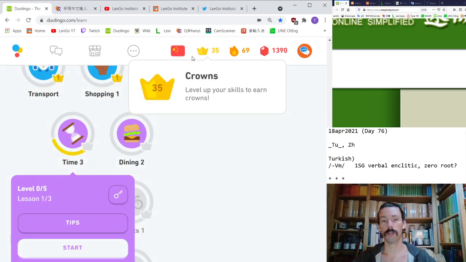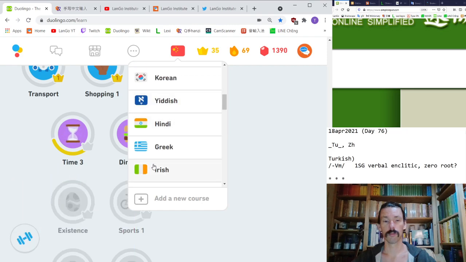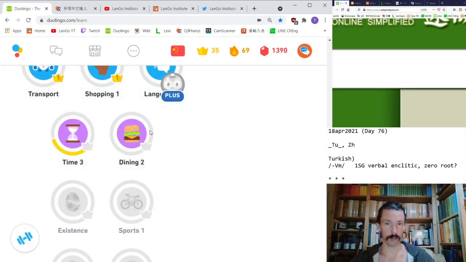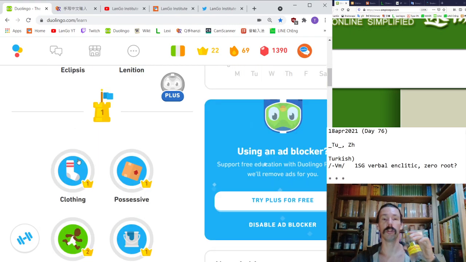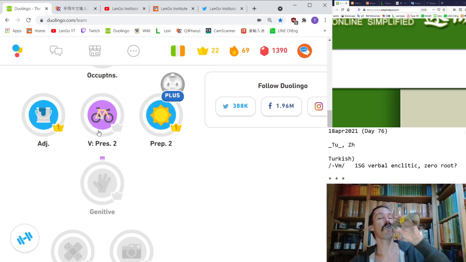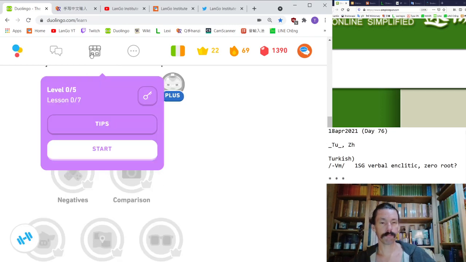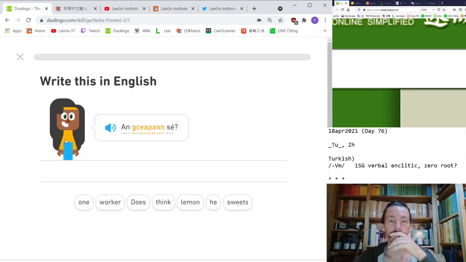Let us now turn to Irish. Syntactically, the hardest one, I would say, for me to really get a handle on. Ungapanche? Ungapen.